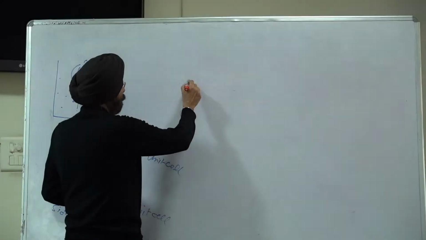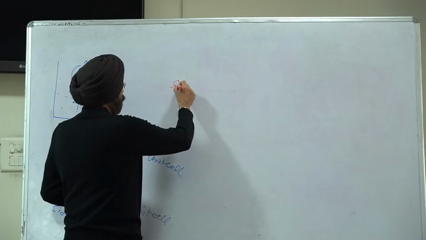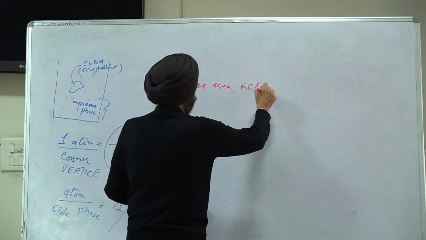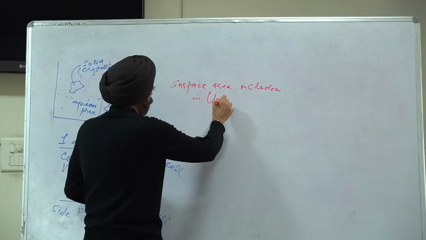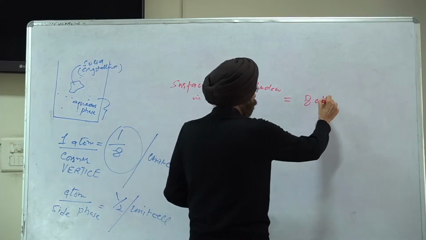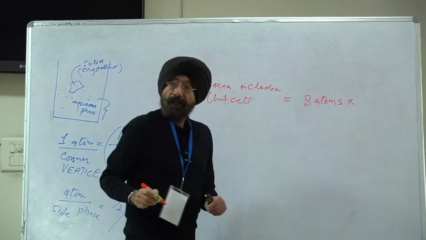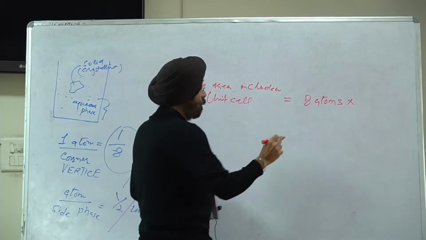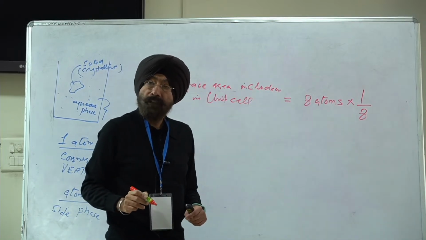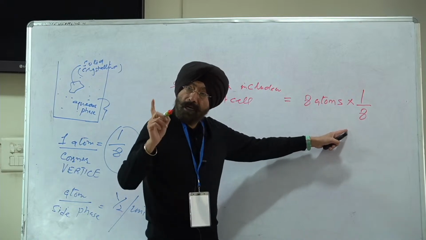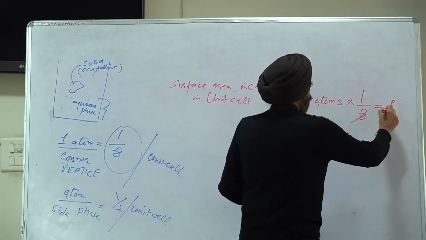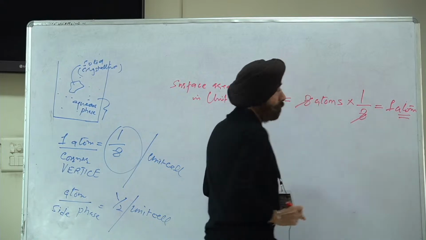So therefore there are 8 atoms, and each atom possesses or includes 1/8 part in the unit cell. So therefore, I have total surface area equal to 1 atom.